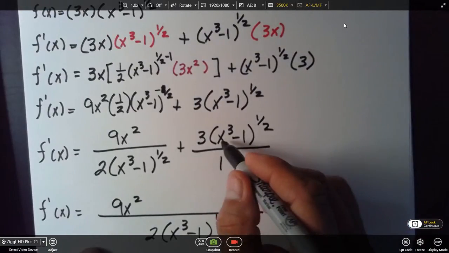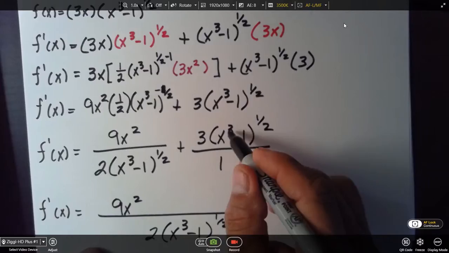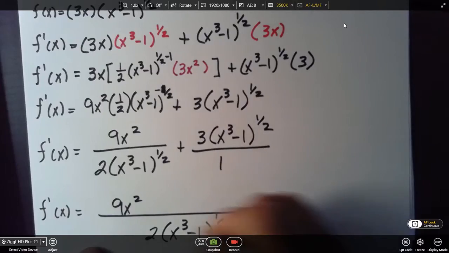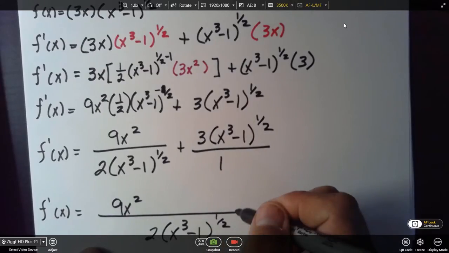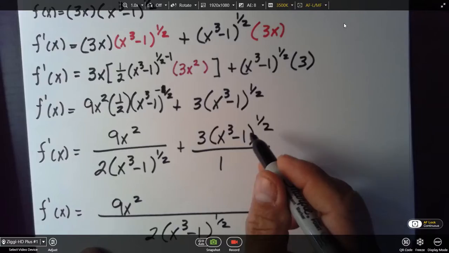(x cubed minus 1) to the 1/2 will go into this 2 times (x cubed minus 1) to the 1/2.